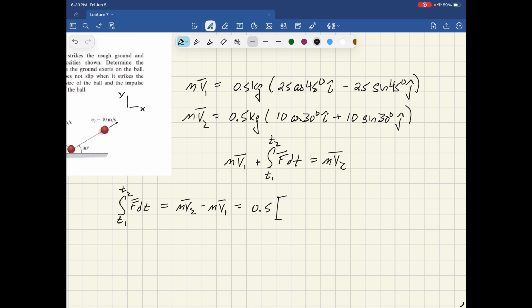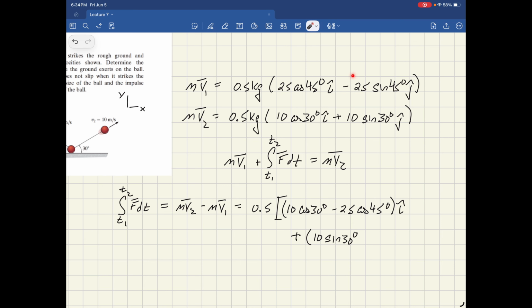So this will equal, I'm going to take my 0.5 out, and we'll say the I component of v2 will be 10 cosine 30 degrees minus 25 cosine 45 degrees. So that's going to be my I component, plus the J component, 10 sine 30 degrees minus, it's going to be minus a minus, so we will get plus 25 sine 45 degrees, and that's my J term.